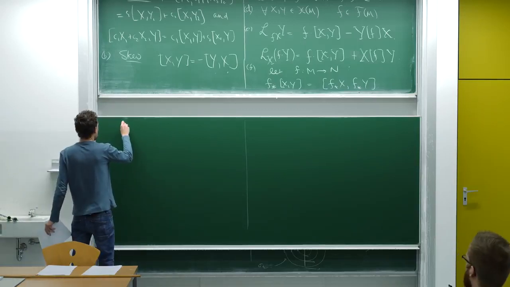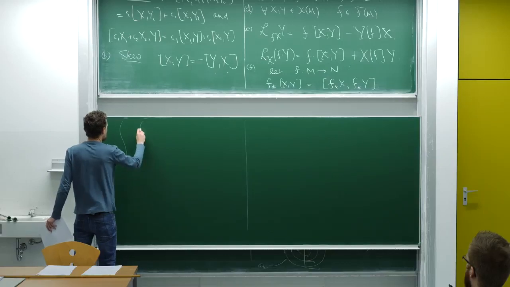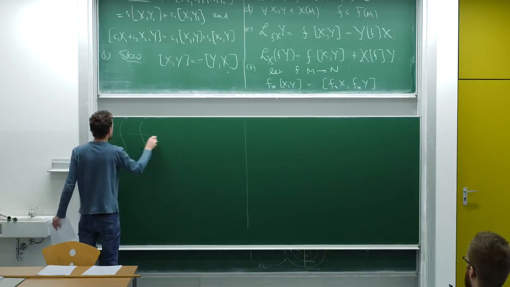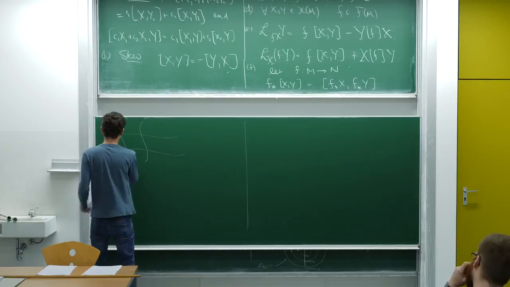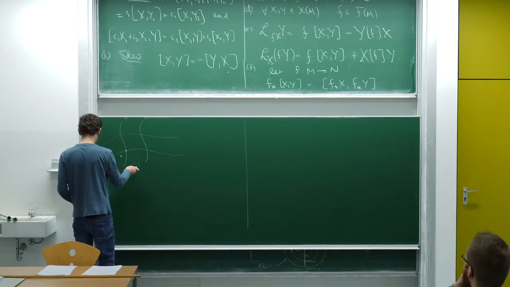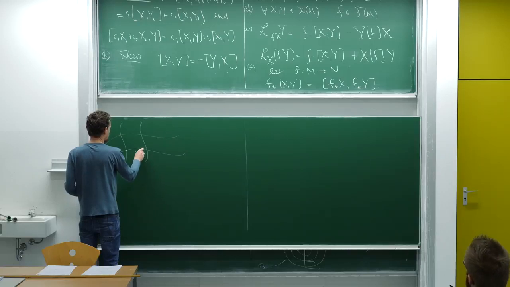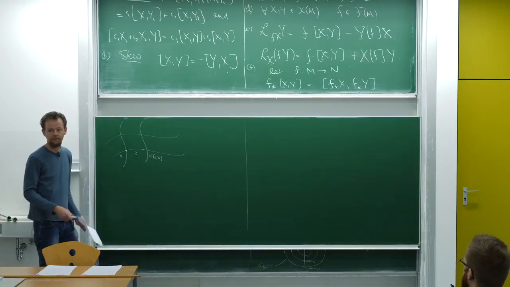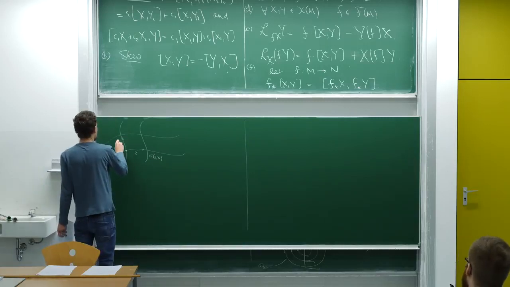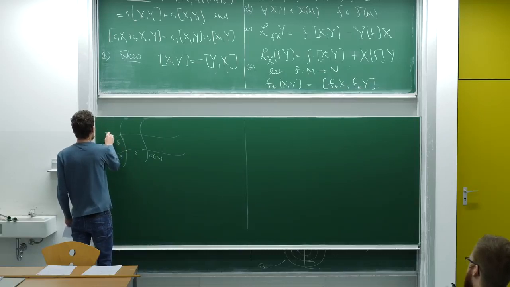So we have two vector fields, and here are the integral curves. Here's some point on the manifold X. We flow for a time epsilon to a point sigma epsilon x. And then we flow for a time delta to tau delta x.